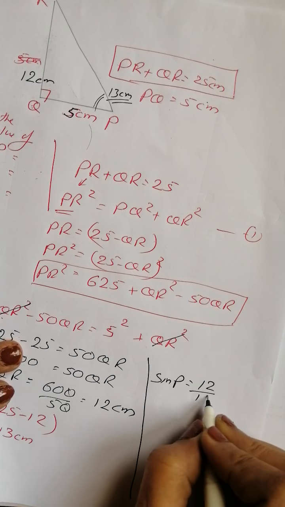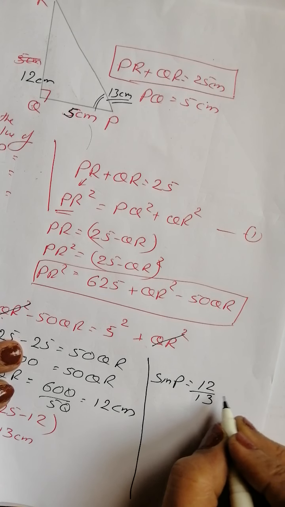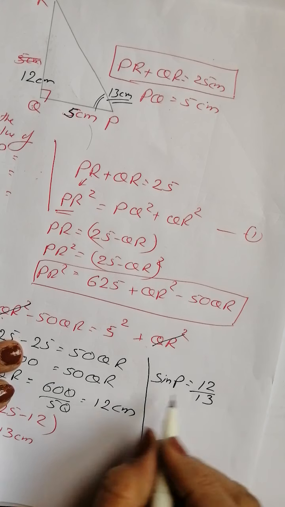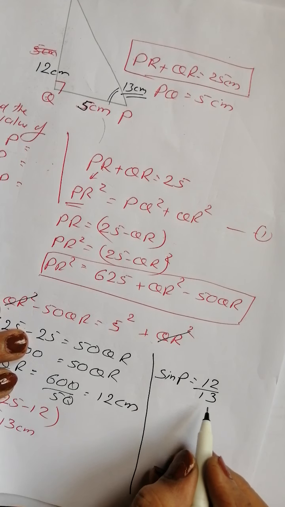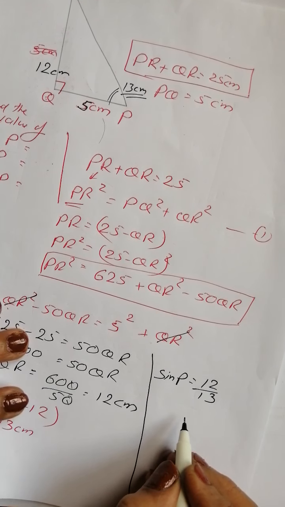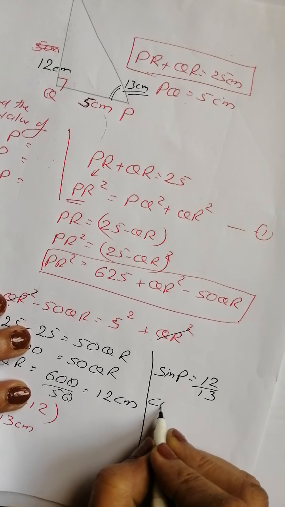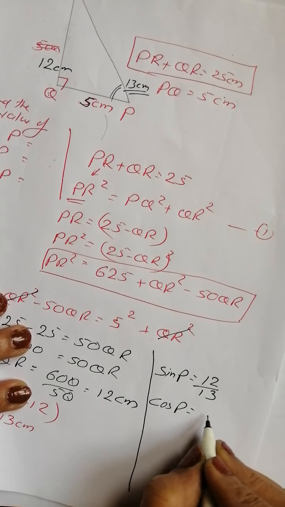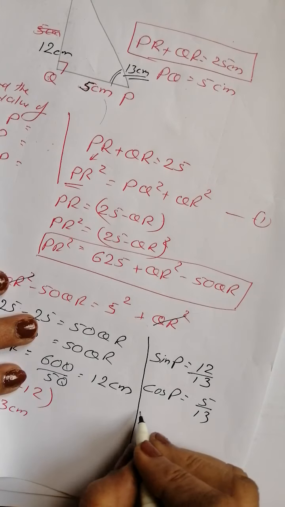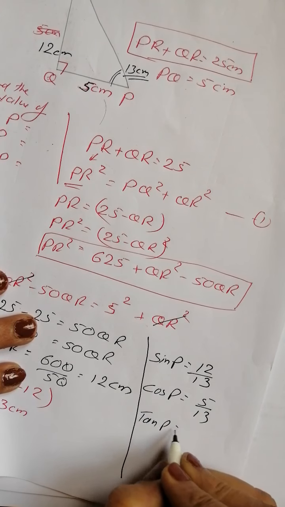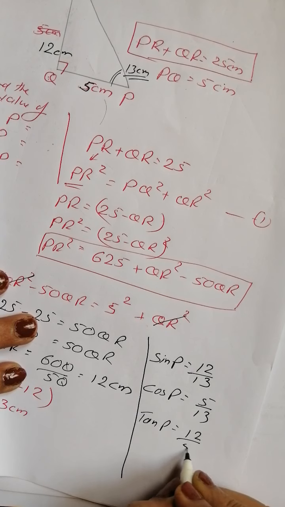Don't forget to write the values clearly. Sin P is equal to 12 by 13, and cos P they have asked is equal to 5 by 13, and tan P is equal to 12 by 5.